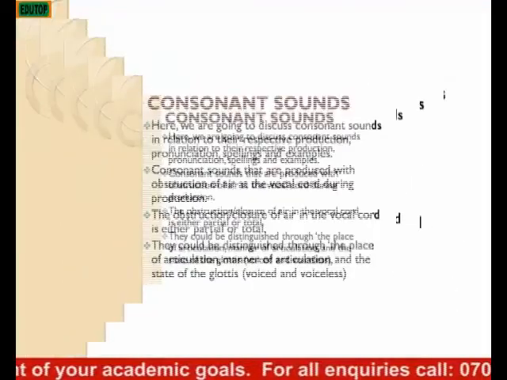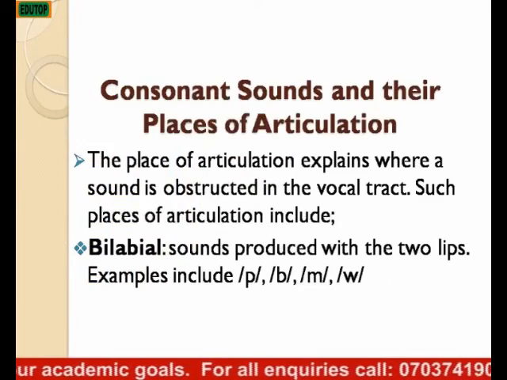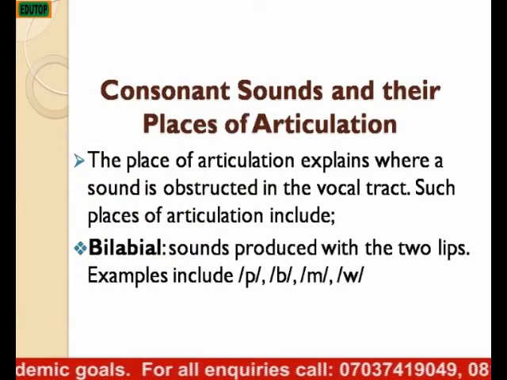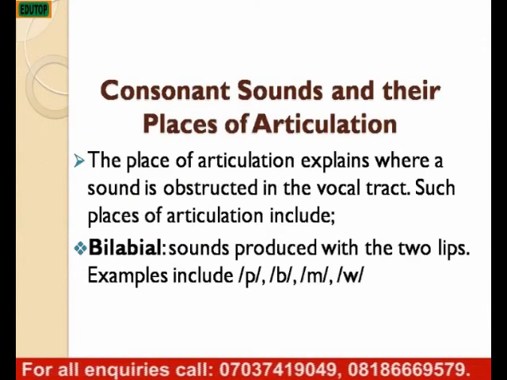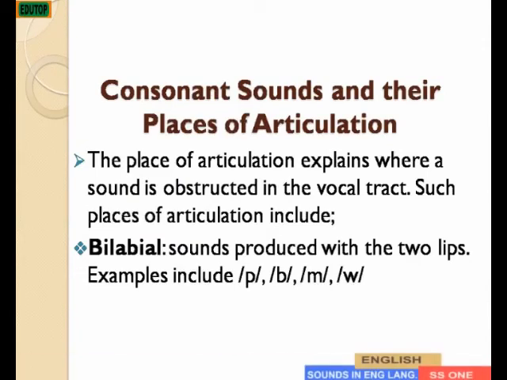Consonant sounds and their places of articulation, that is the first feature we'll be considering. The place of articulation explains where a sound is obstructed in the vocal tract. Such places of articulation include, the first one we'll be talking about is the bilabial. The bilabial has to do with sounds produced with the two lips.